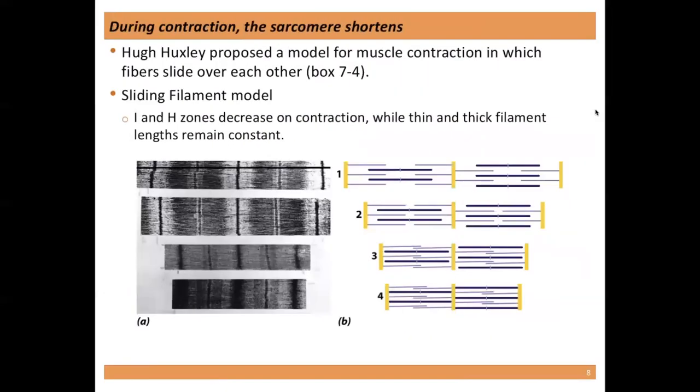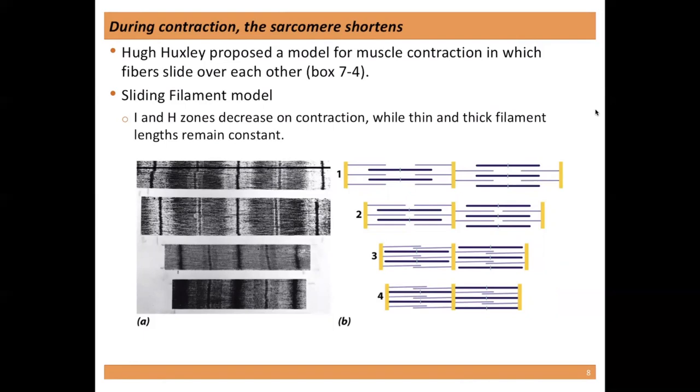Okay, so the model of this was proposed by Hugh Huxley, and it's called the sliding filament model. And what it is that these I and H zones decrease on contractions, but the actual thin and thick filaments stay the same length. So as we undergo contraction, this macroscopic visualization that we see actually starts to disappear, meaning that the light and dark bands start to disappear.